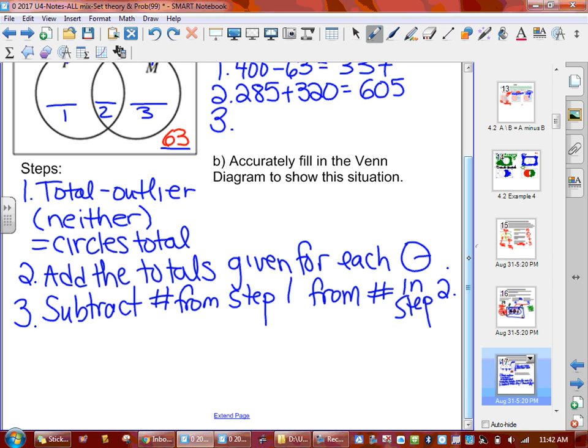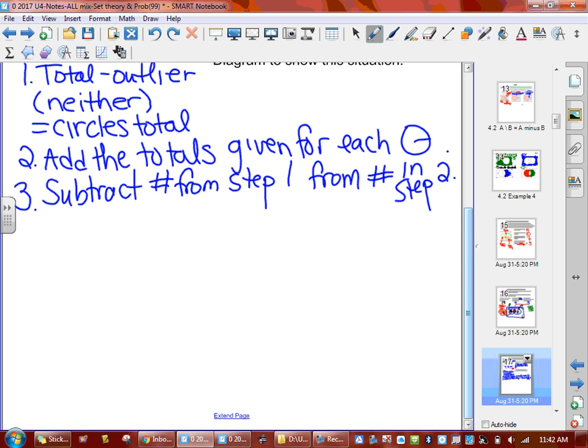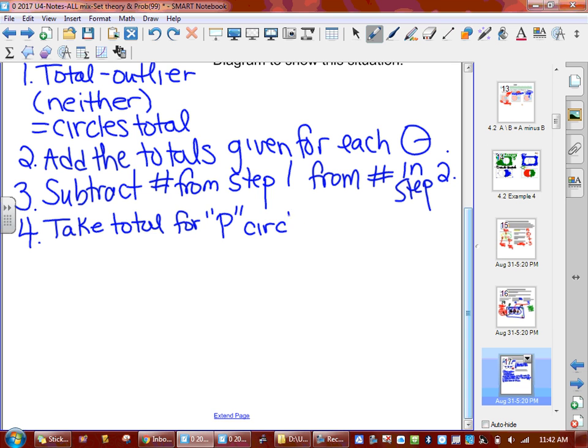Step 4, take total for P circle and subtract the overlap.